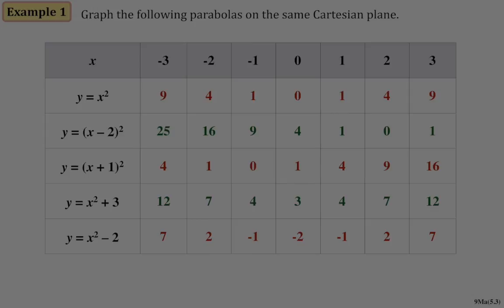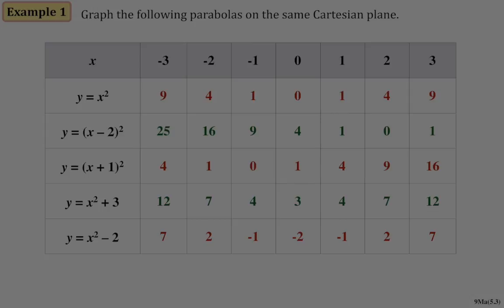Okay, so I've put all of the answers up for all 5 graphs. Hopefully you got the same answers. You just need to double check them. If there are any errors, it might have been because you didn't put the negative numbers in brackets when they were put in place of x.